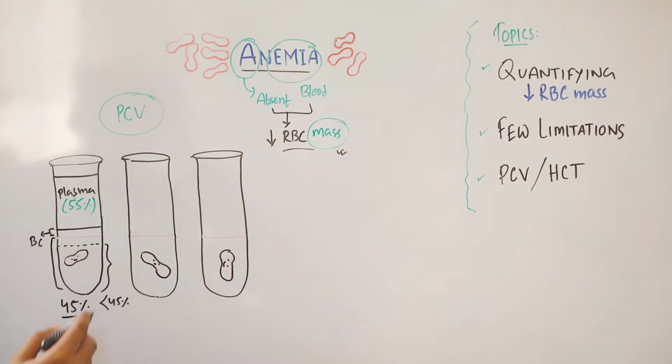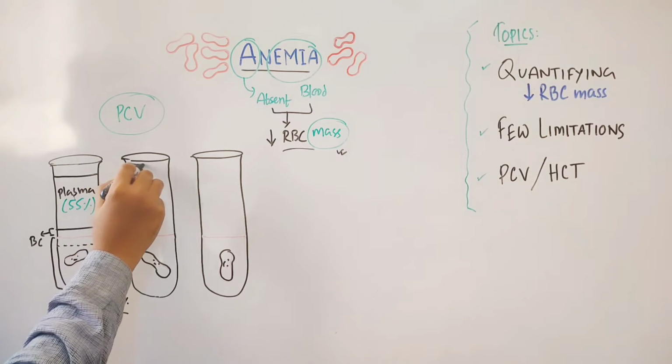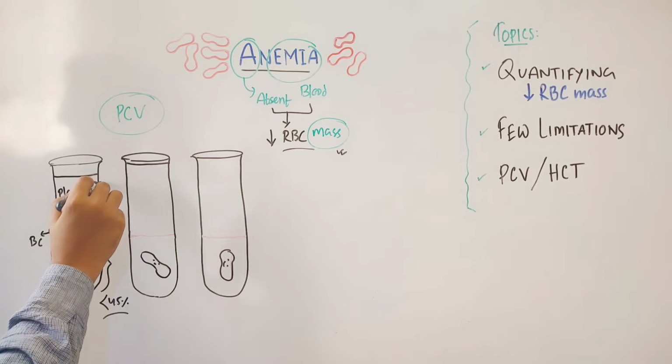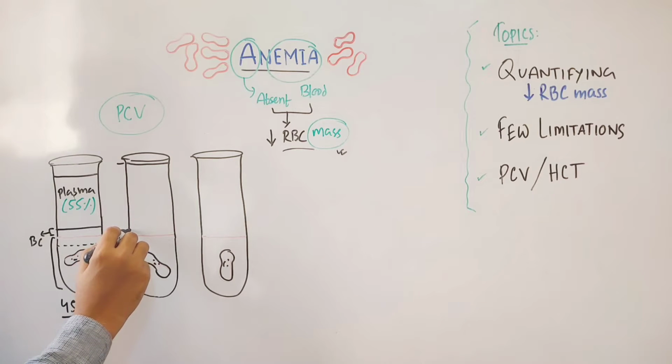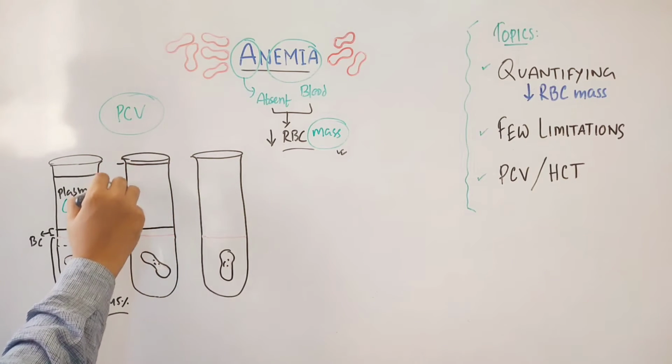In some cases, we can't say that safely, because let's imagine that a patient has more than usual amount of plasma. So plasma was this much, now the plasma is this much. So this patient has more plasma than usual.